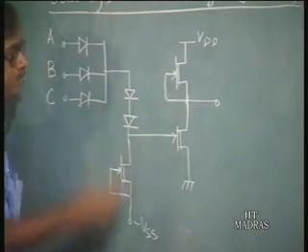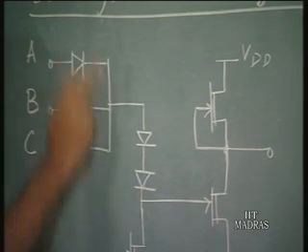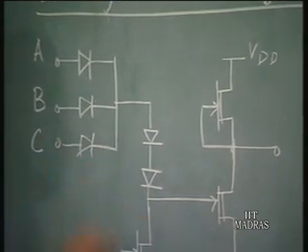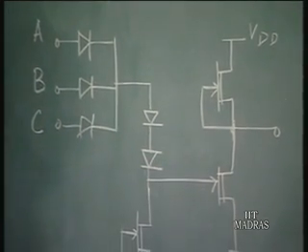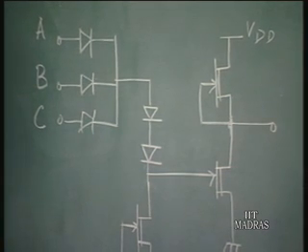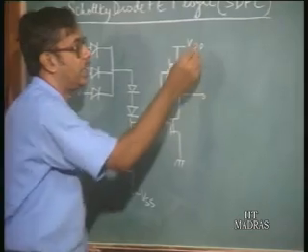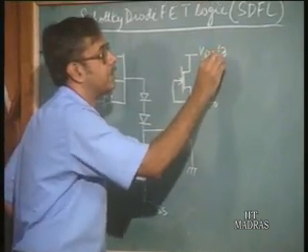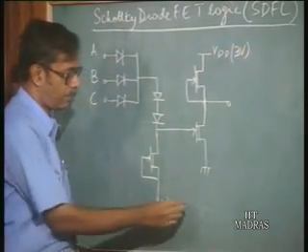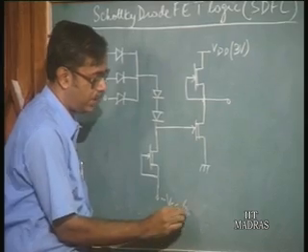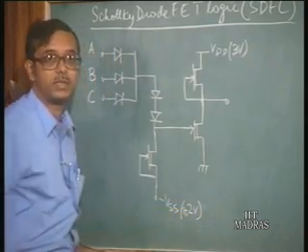Now, you have a logic section, followed by a level shifting section and followed by an inverter. Say VDD is 3 volts and VSS is minus 2 volts.